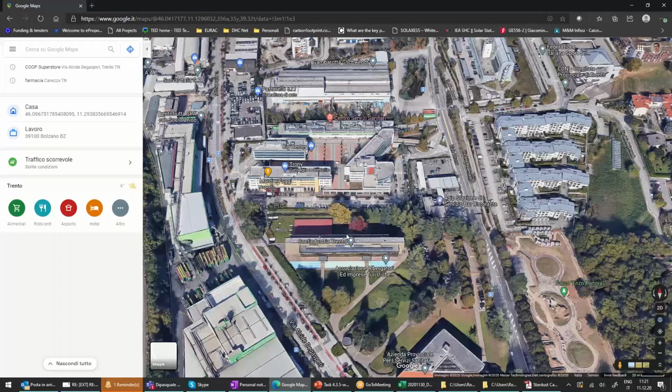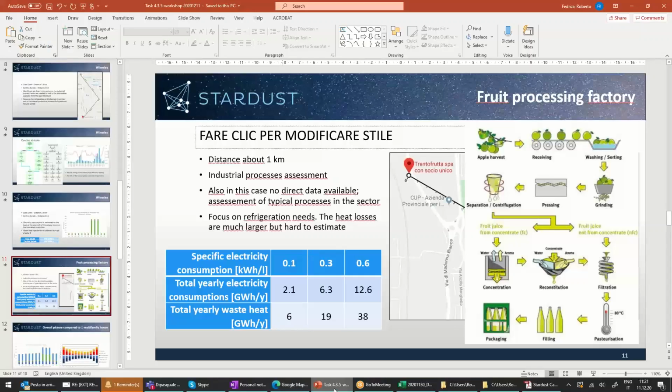Over there, again, they cannot tell you exactly how the process is made, but we looked into the literature, how these companies work. There are many producing jams and juices.